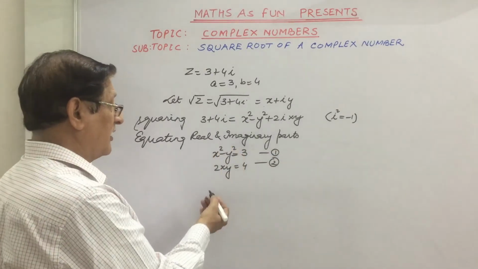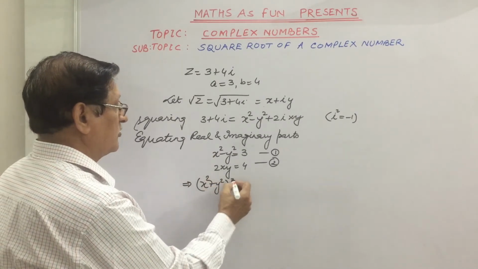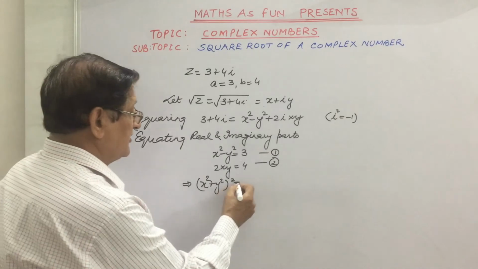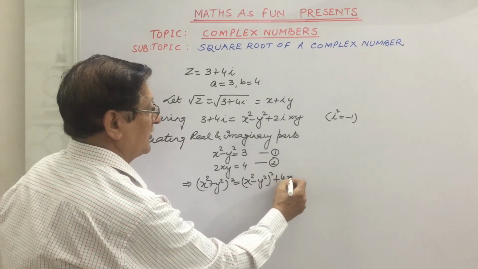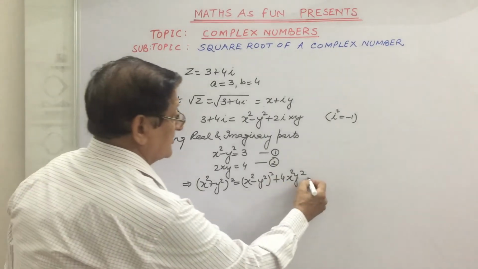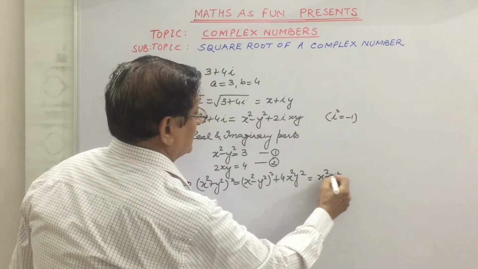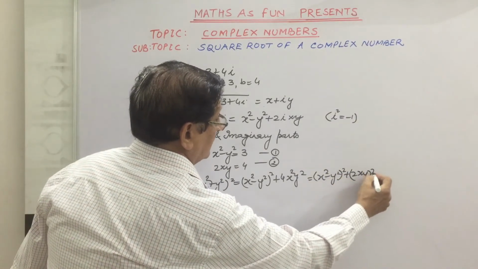To solve that, as we know, we can write x square plus y square whole square is equal to x square minus y square whole square plus 4x square y square. We can also write this as x square minus y square whole square plus 2xy whole square.